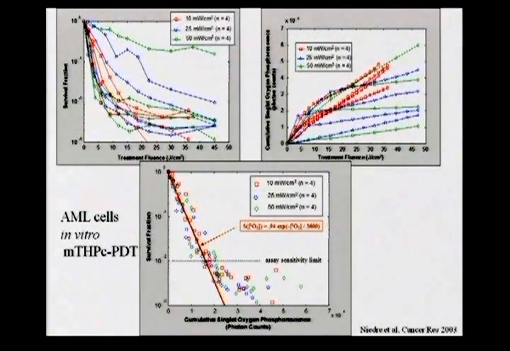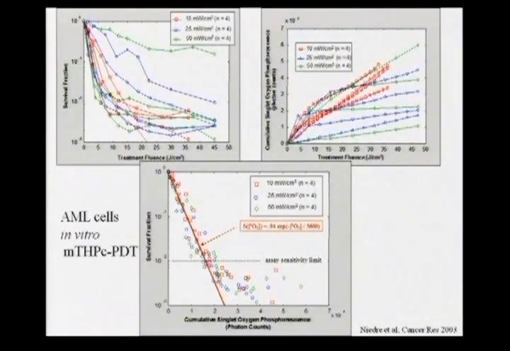So all of these data that are completely chaotic collapse onto a single curve. And in fact, from that curve, you can fit this to an exponent, and you can actually calculate how many singlet oxygen molecules it takes to kill a cell. The 1 over e cell death requires about 10 to the 7 molecules of singlet oxygen per cell.